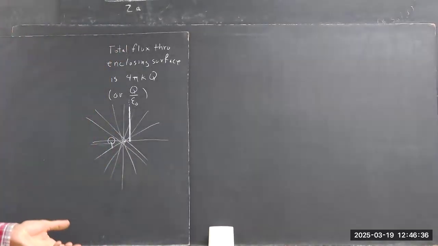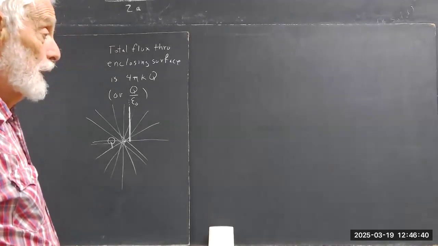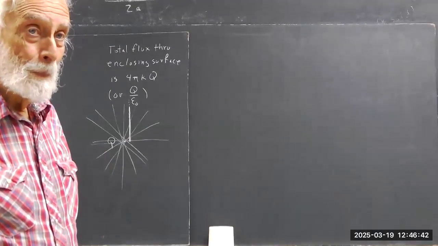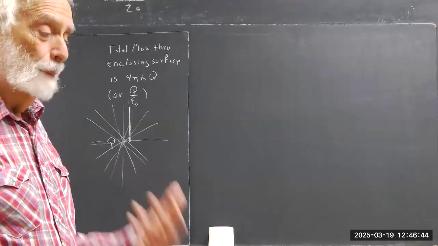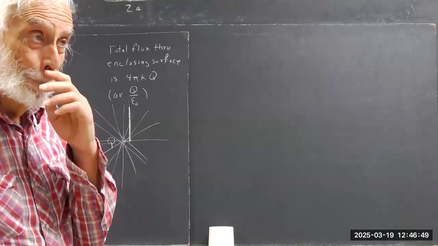So is this difficult? Now, if that's 5 microcoulombs, so you know what K is and you know what pi is, you can figure out the flux and the flux density, right?